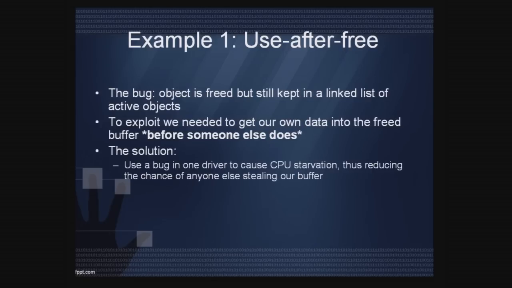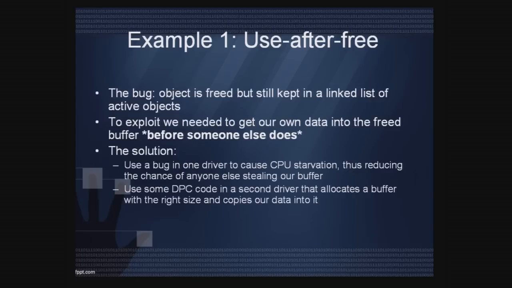So what we ended up doing in that case is that we found one completely unrelated bug in another driver that we could use to cause CPU starvation, and that really helps prevent others from taking that same buffer. We found another piece of code in another driver that, with some functionality there, we could allocate a buffer in any size that we wanted and copy our data into it.